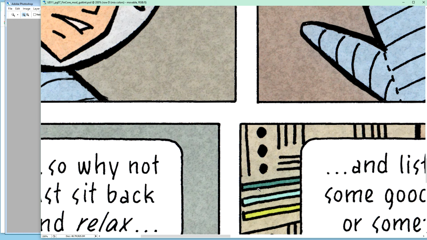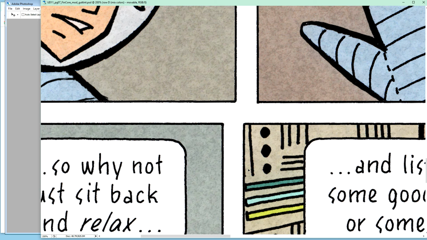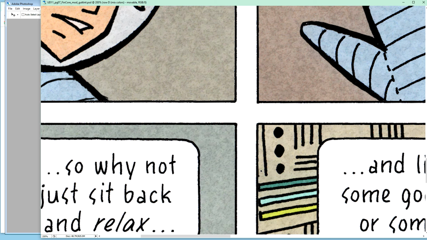Okay, so the first thing I will do is press V on my keyboard for the move tool, and then I'm going to put these in a straight crossing.